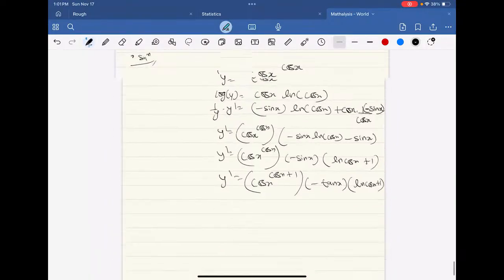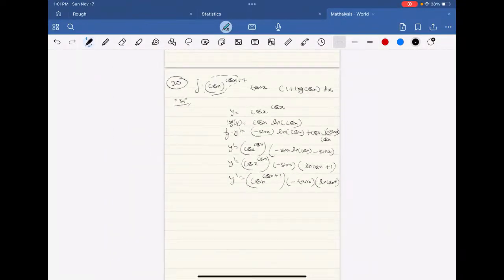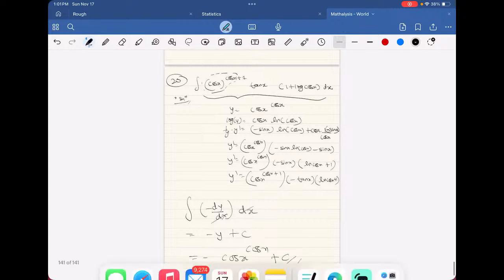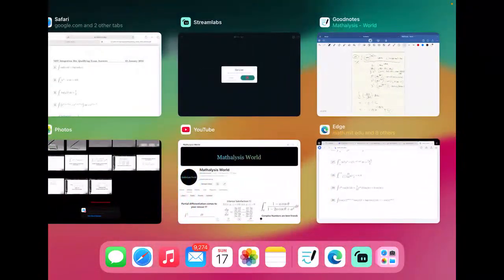So I see that if I make the substitution y equals cos x to the power cos x, this entire thing will just be minus dy by dx, and then there's this dx. So this will be minus dy, so the integral will be minus y plus c. Then the integral will be minus cos x to the power cos x plus c, and that is the answer. Minus cos x to the power cos x plus c.